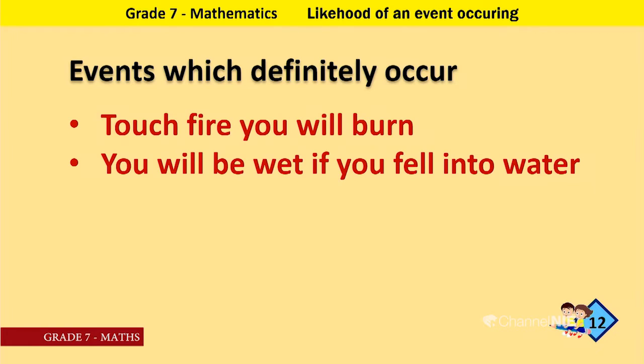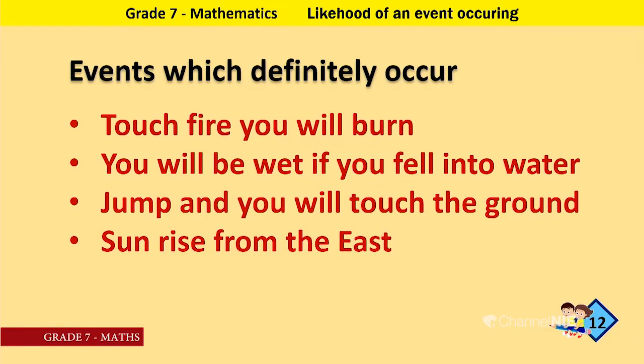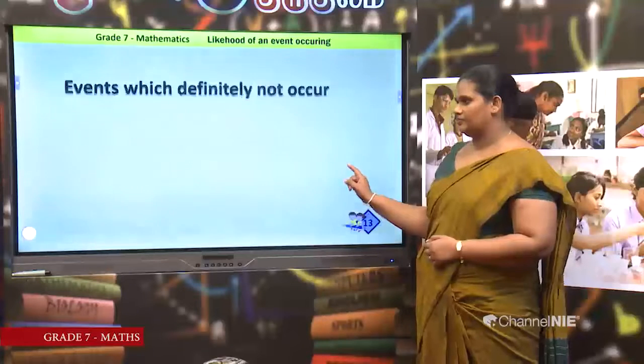When you fall into water, you will obviously be wet. When you jump up, you will obviously touch the ground. And obviously, the sun would rise from the east each and every day. So, these are some of the events that would definitely occur.